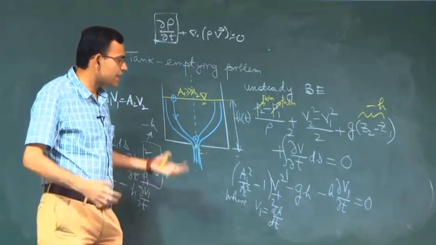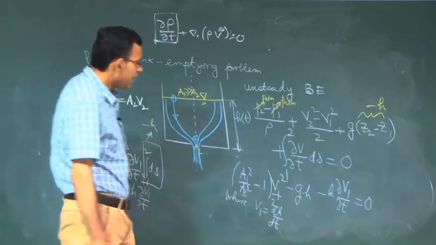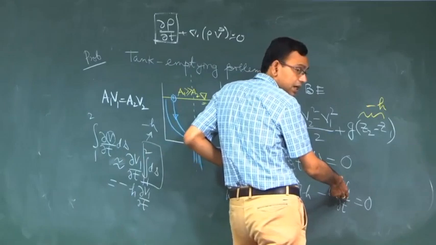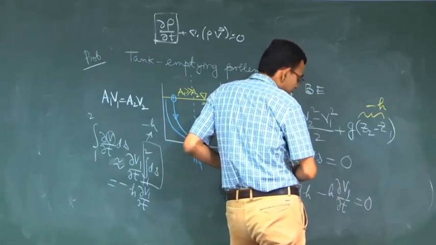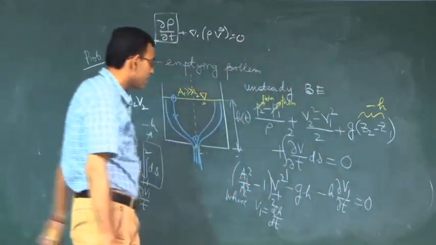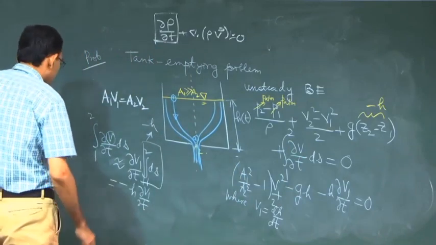A simplified scenario is when this unsteady term is much less than the other terms.